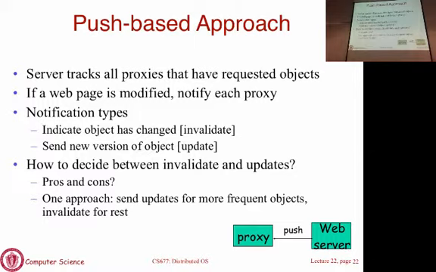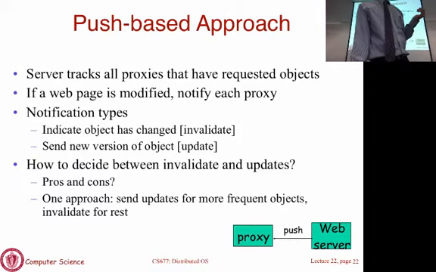If it's updated twice for every read, it is better to send invalidates, because by sending updates you have wasted the overhead of sending the page, and it doesn't get accessed. Send it again, then it gets accessed. So typically the assumption is if you are seeing more updates than reads, better to send invalidates.